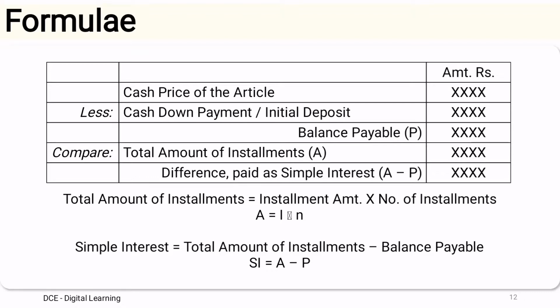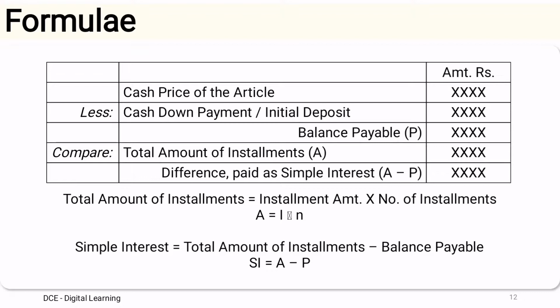What remains is the balance payable. This is taken as P or principal in the simple interest formula. This balance payable is compared with the total amount of installments A. The difference will be paid as simple interest, A minus P.